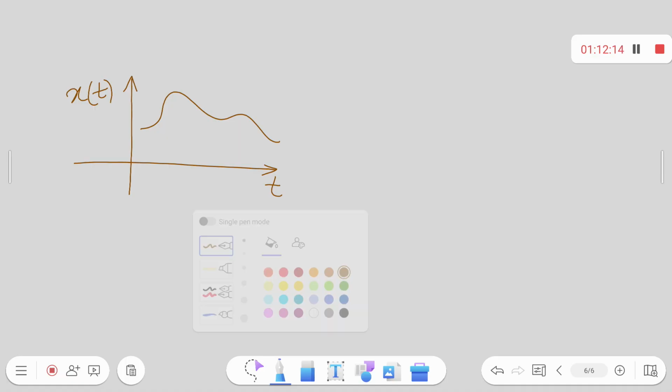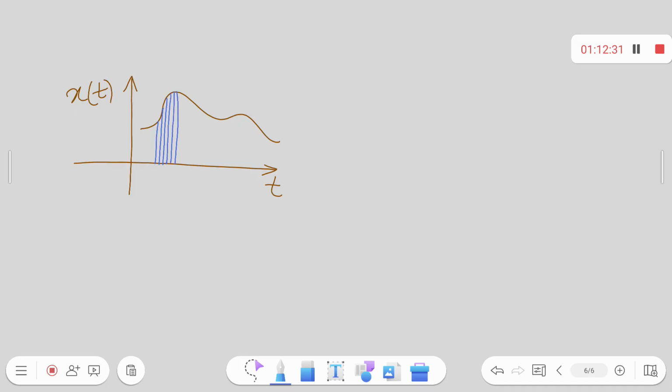So what we can do is, suppose the signal is ranging from here to here, t min to t max, dividing this range into very small increments in such a way that the signal amplitude remains almost constant in these tiny intervals. The signal amplitude is varying. Now I am dividing this entire range into small intervals. Suppose one interval is given by delta t, and delta t is tending towards 0.